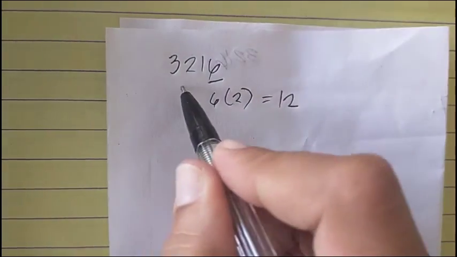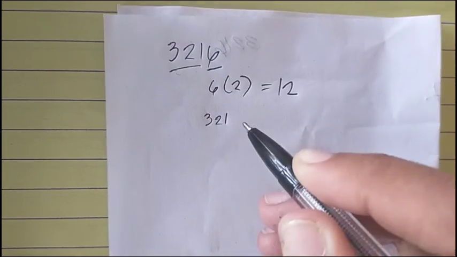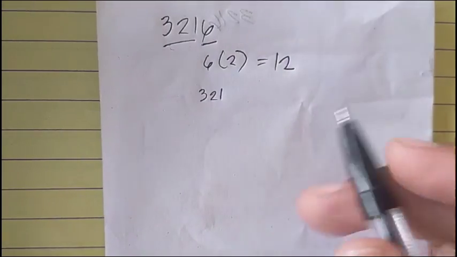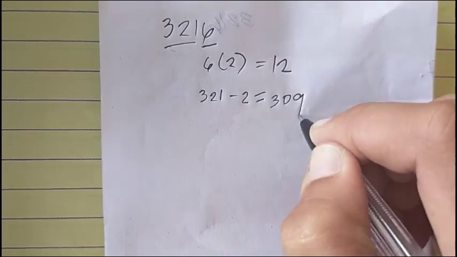Subtract 12 from the rest of the number, which is 321. 321 minus 12 is equal to 309.